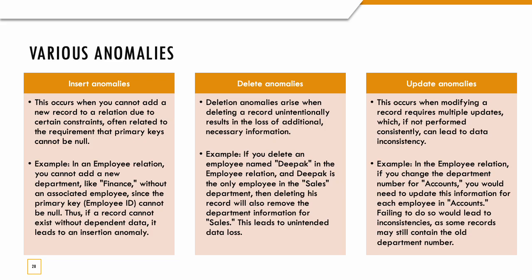An insert anomaly happens when you are unable to add certain information to a database without also adding other related information. For example, suppose you have an employee table that stores information about employees and their departments.